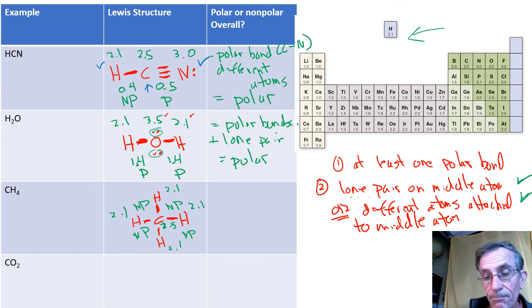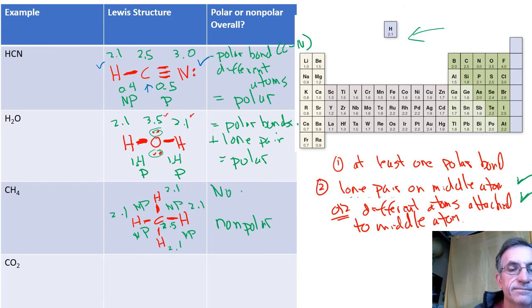I can't even find polar bonds. If you can't find polar bonds, you're going to be non-polar overall. So how should I say that? No polar bonds. All right. To be polar, you have to have polar bonds and more stuff, the lone pair or the different atoms.